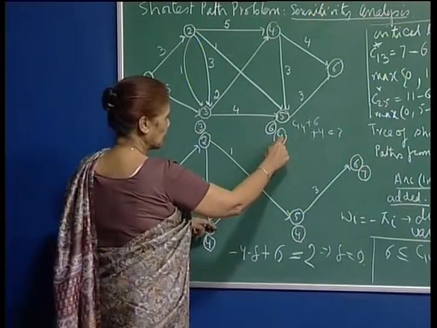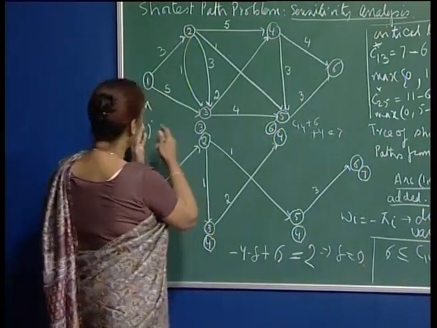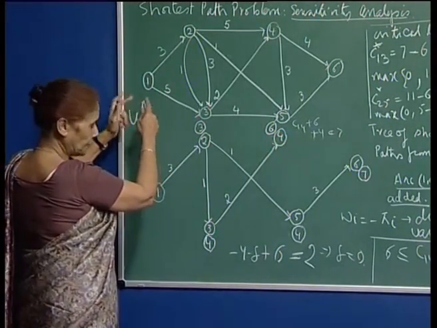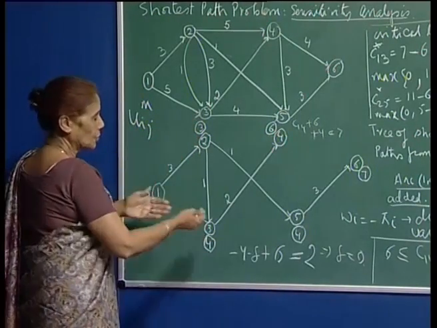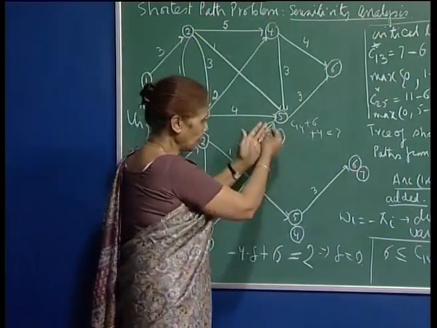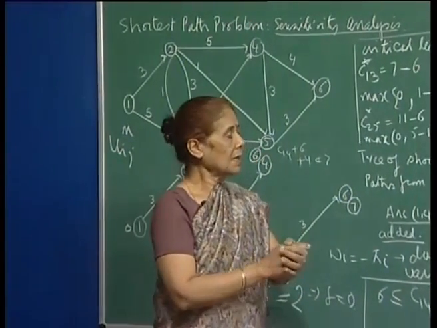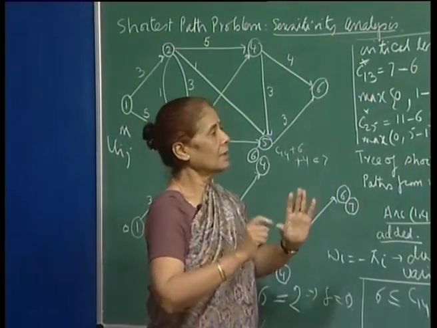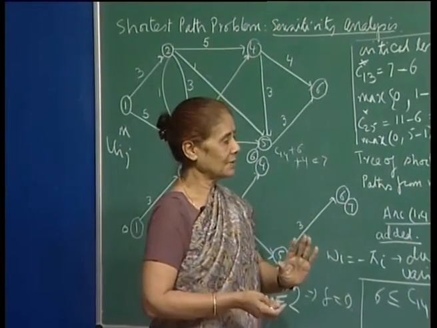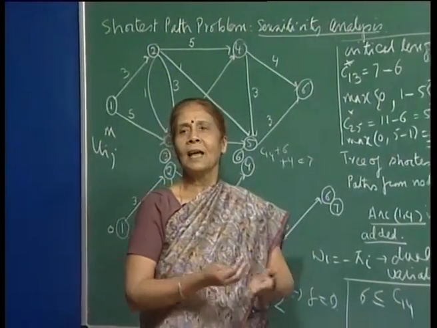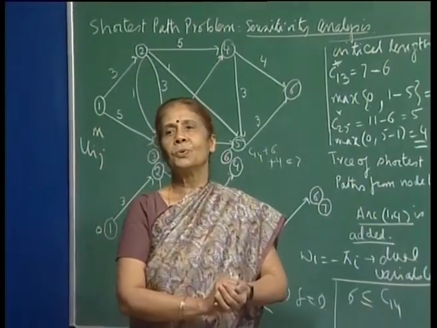If this length has changed, then obviously the uij 4 and 5 onwards will change, so you will have to recompute from that point onwards. This is the kind of thing you will have to keep track of. So you see, the moment you lose the simplex algorithm framework, sensitivity analysis requires more work.